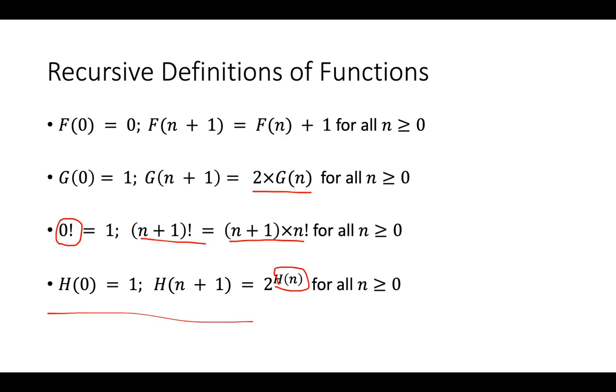The first one is 1, the second one is 2 to the 1, that's 2, then 2 to the 2 will be 4, and 2 to the 4, 16, and then 2 to the 16. So it shows this kind of exponential sequence.